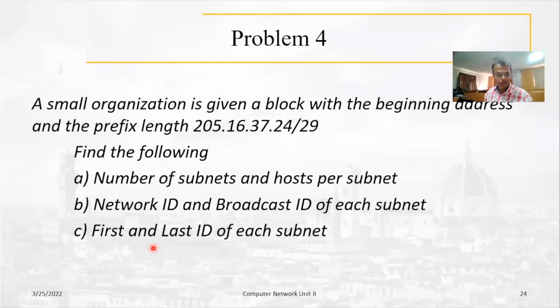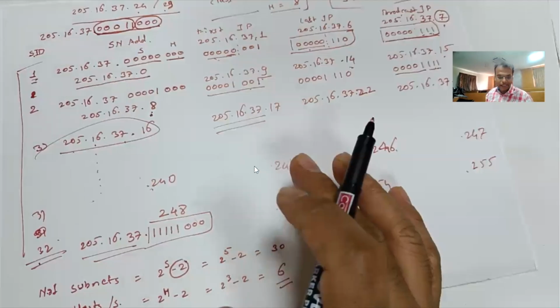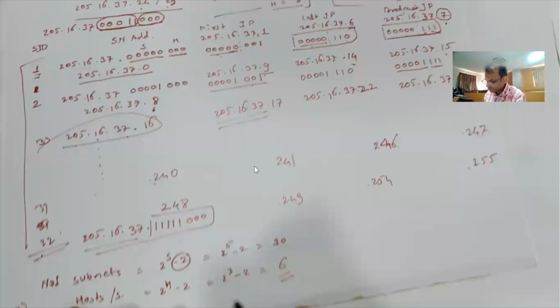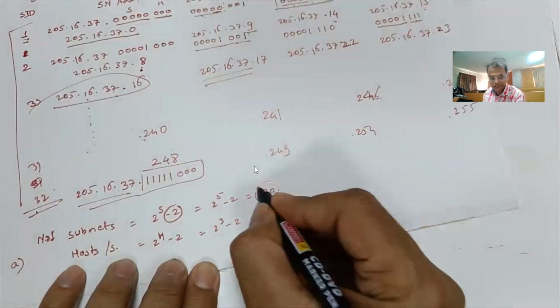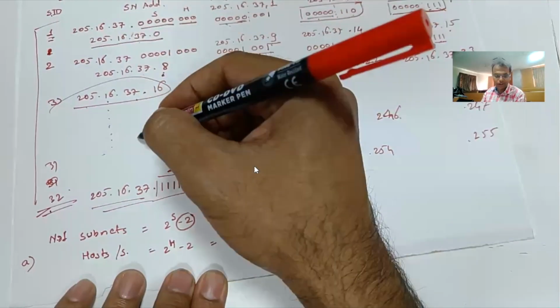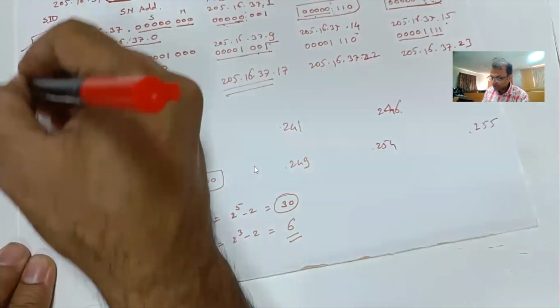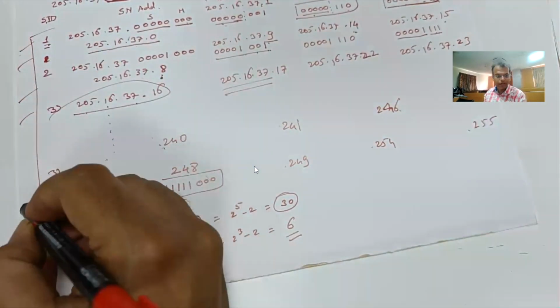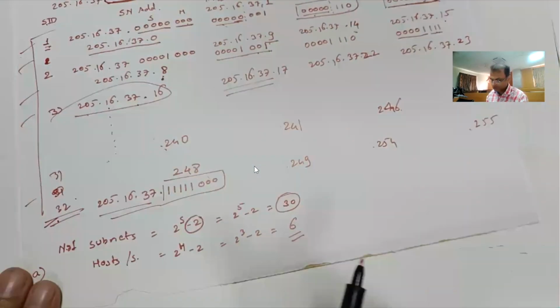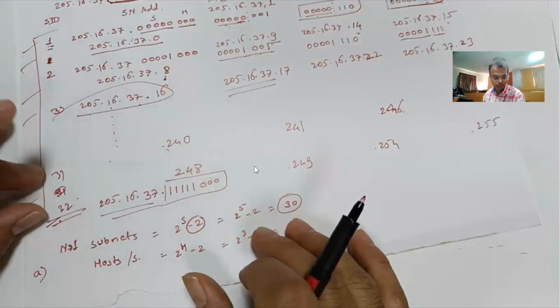First and last IP of each subnet, that also we have calculated. Obviously, when the number of subnets is 30 or 32, you don't have to write down all the 32 values. Only 3-4 sample values are sufficient, just like the first 3 and last 2.